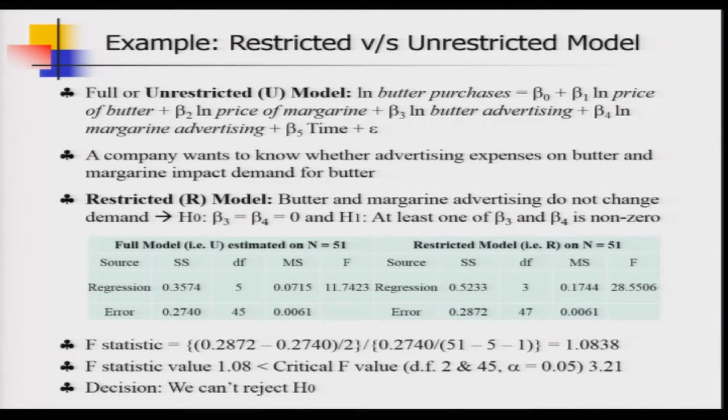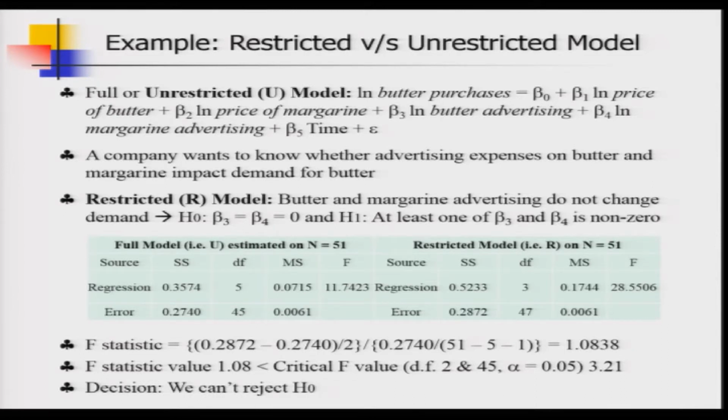We are going to set a null hypothesis which says that beta 3 equals beta 4 equals 0. That is basically my exclusion restriction. Note that here I am imposing 2 exclusion restrictions. And what could be my alternative hypothesis? The alternative says that at least one of beta 3 and beta 4 must be non-zero.